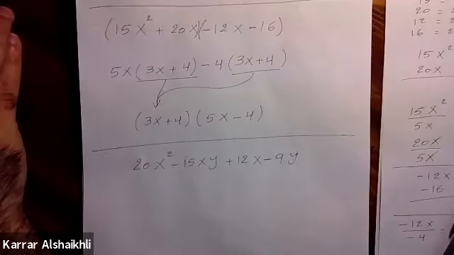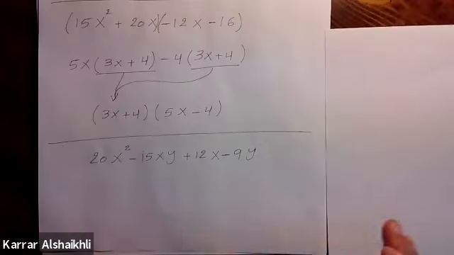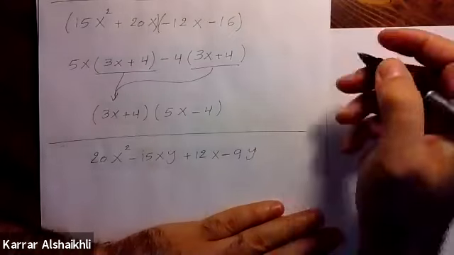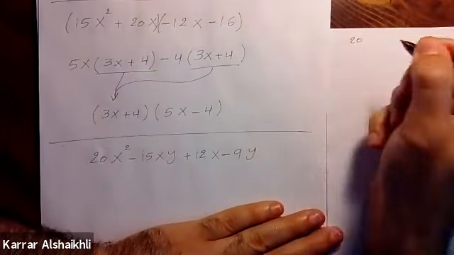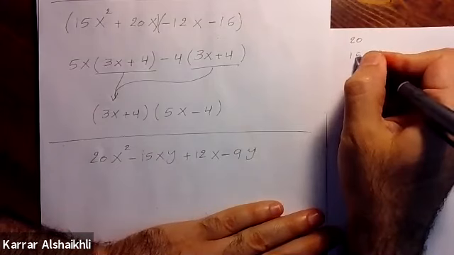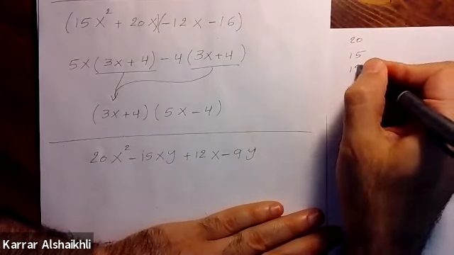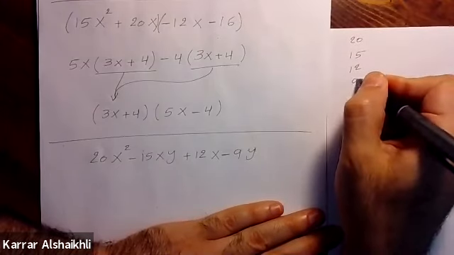If you got it wrong, look at the numbers here on the side, which are 20, 15, 12, and 9.